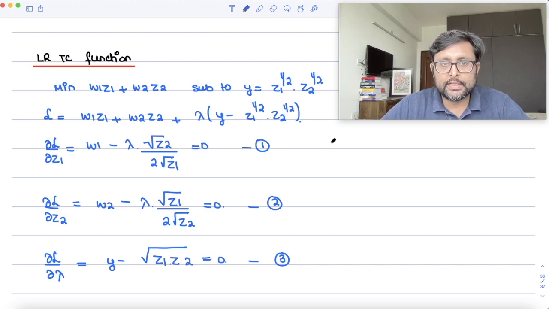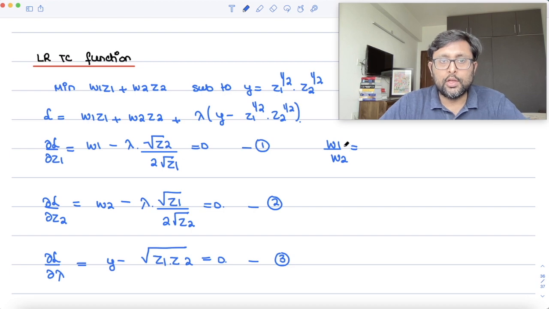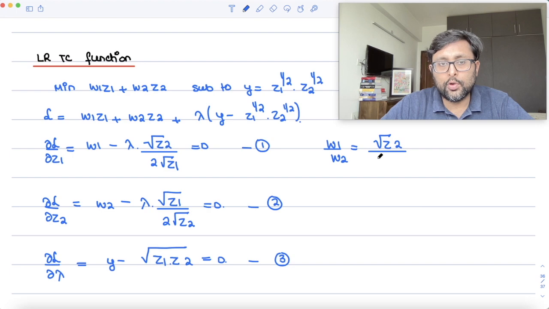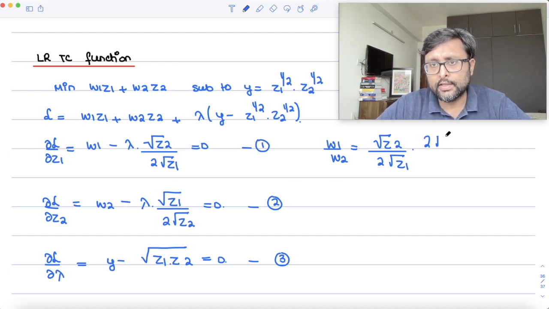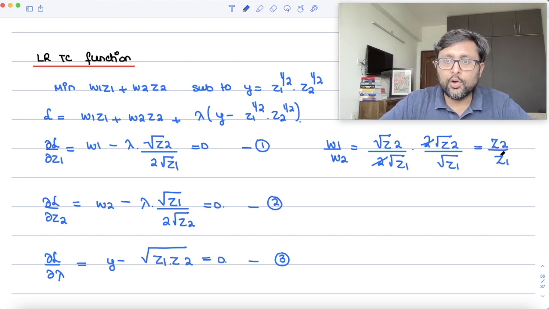So you can divide first by second. You'll be getting W1 by W2 equals root of Z2 whole upon 2 root of Z1, divided by root of Z1 upon 2 root of Z2. So I can just write this like this. This 2 will get cancelled out, and you will have Z2 upon Z1.